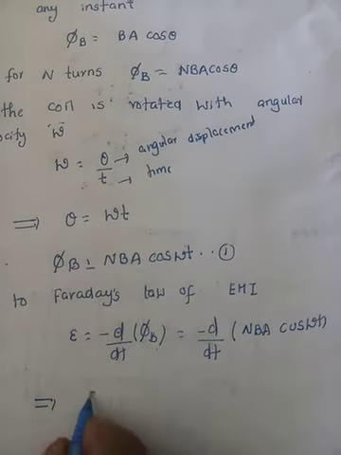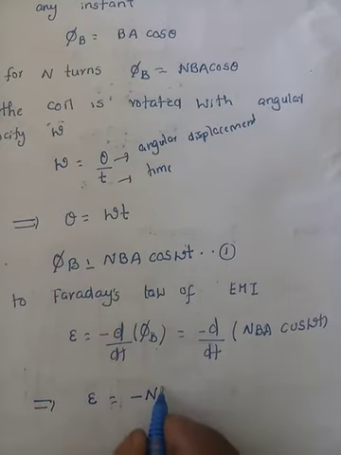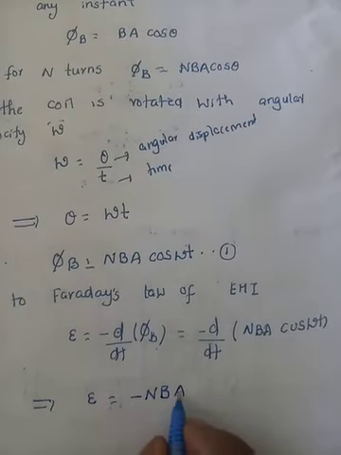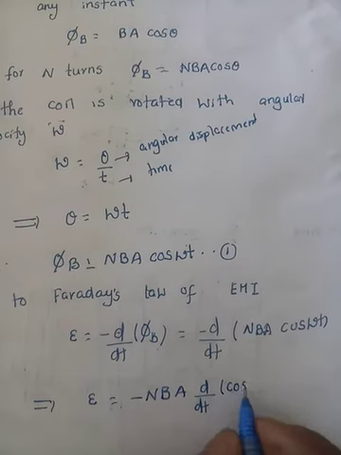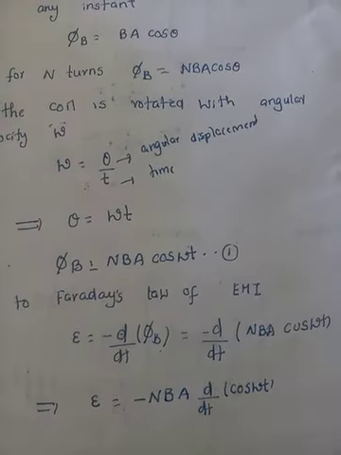So, what are the constants here? N is constant, the number of turns remains constant, and we produce a uniform magnetic field with the help of the horseshoe magnet. Area of cross section is also constant. What is changing here? The angle. So, d by dt of cos omega t.